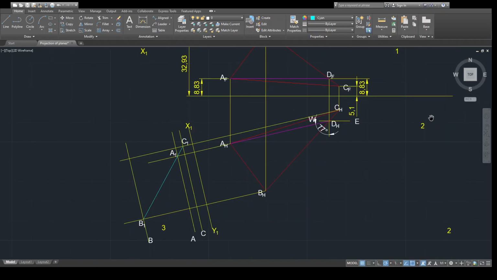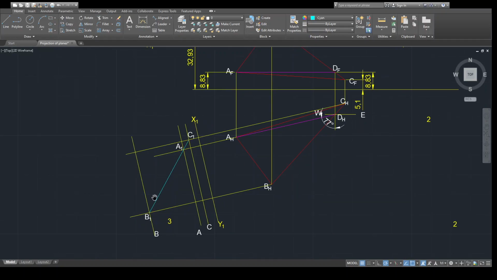If you are observing from this direction, what can you see? You cannot see the plane. You see only the edge view of a plane, and that is visible here. So in order to draw the dip line, we need to draw the edge view of a plane. We have drawn the edge view of plane ABC.